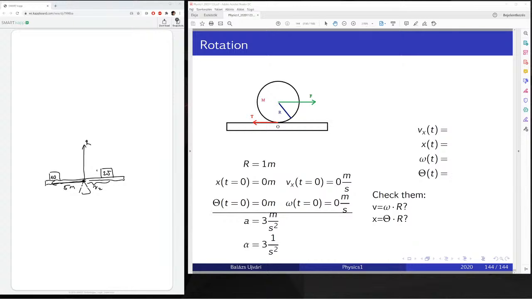The left box is 10 kilogram, the right box is 25 kilogram. The left box is placed from the origin at 5 meter, and the right box is placed at R2. You should calculate R2, and also the reaction force, the force that goes upwards and compensates the weight of the two masses.